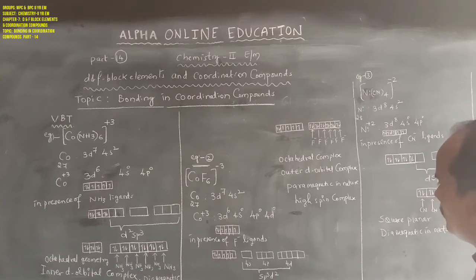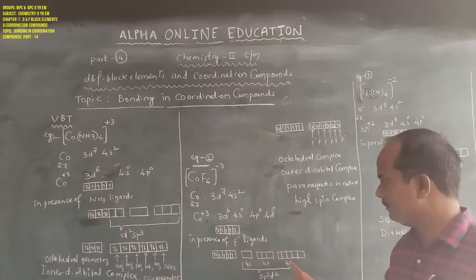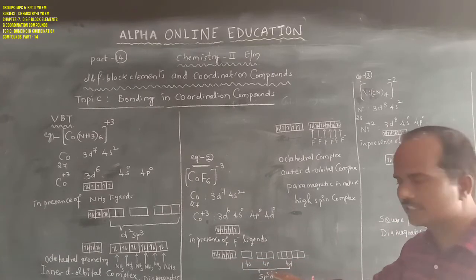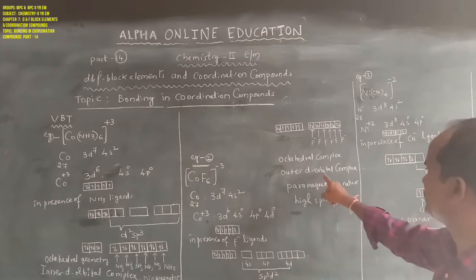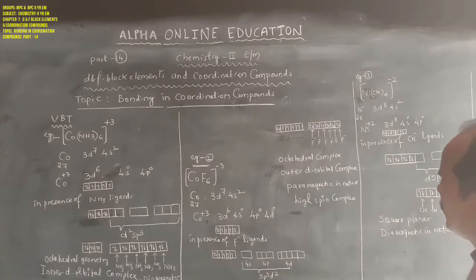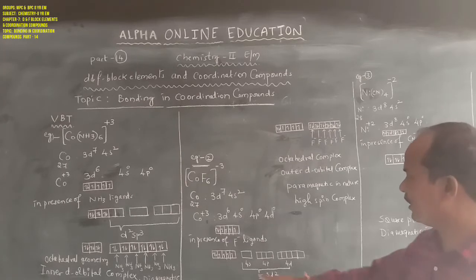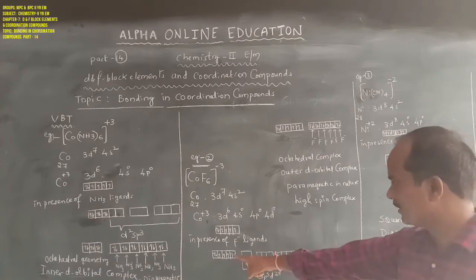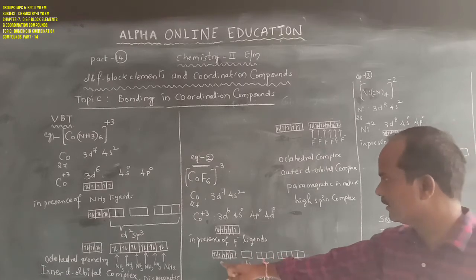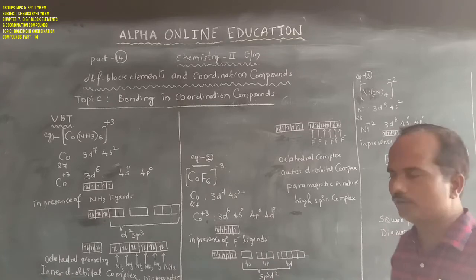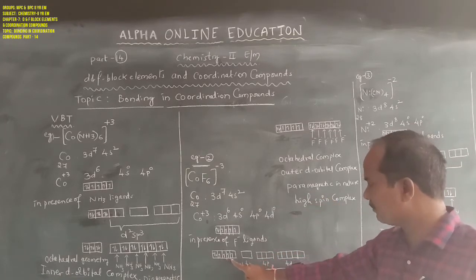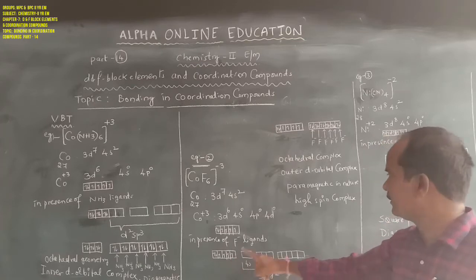This is an outer d orbital complex. Why? Because the nd orbitals are involved in hybridization. When you observe the electron distribution in the d orbitals of Co3+, 4 unpaired electrons exist.